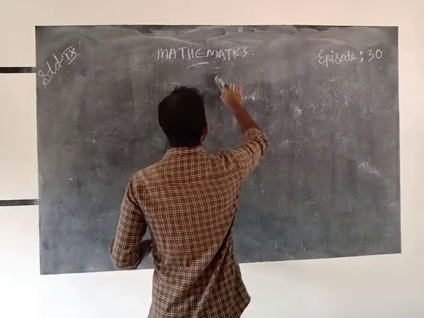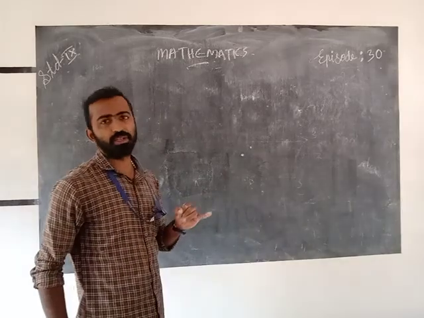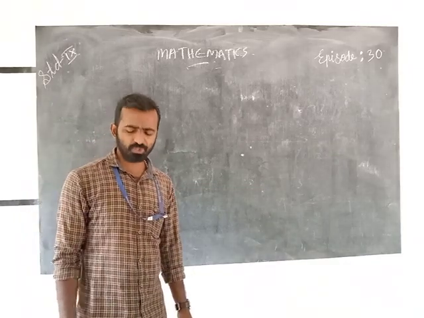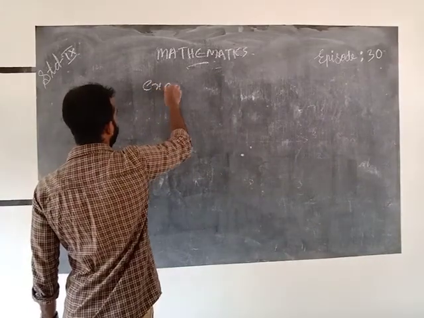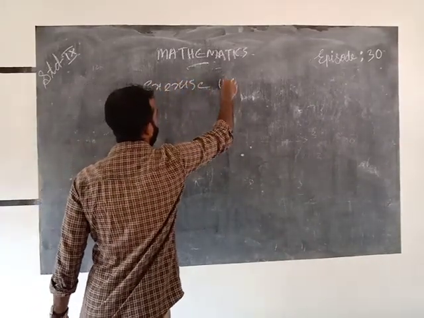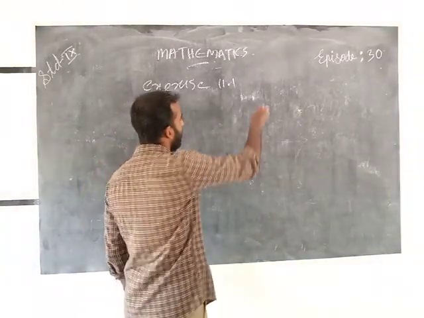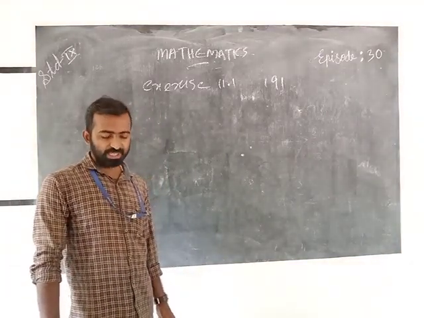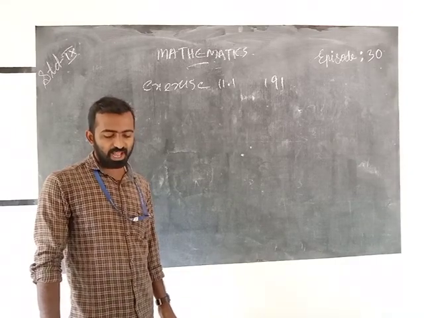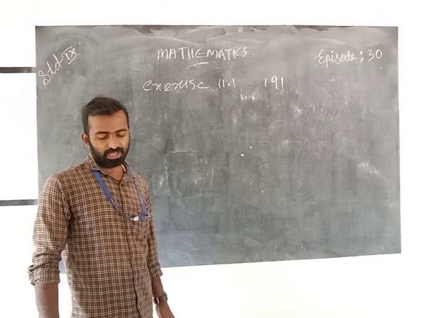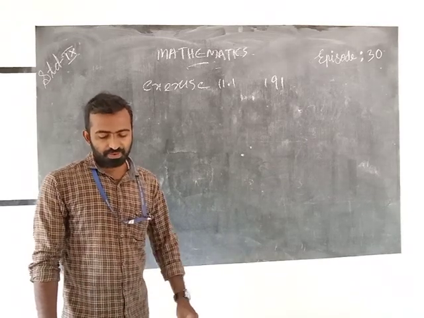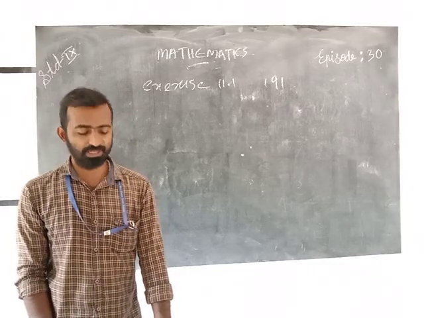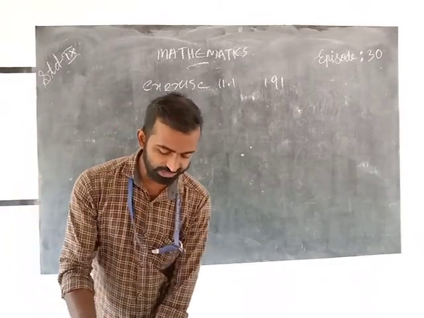We studied drawing the perpendicular bisector of a line segment, the bisector of an angle, and third, constructing 60 degrees. The first question is in exercise 11.1, page number 191: construct an angle of 90 degrees at the initial point of a given ray and justify the construction.